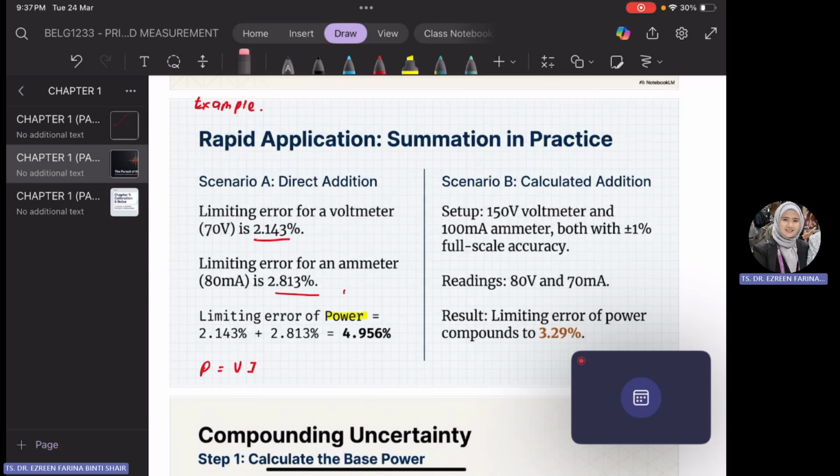This one I want you to try by yourself as homework. The voltmeter and ammeter are connected in series. Please try this example and calculate the limiting error for power. The final answer should be equal to 3.29%.